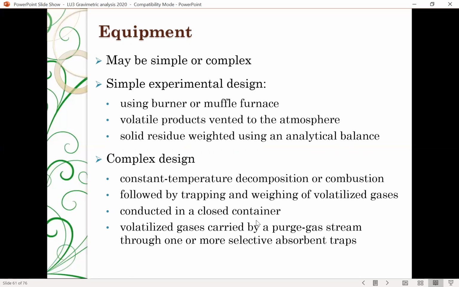Normally it is conducted in a closed container, and the volatilized gases are carried by a purge gas stream. In the previous example, the carrier gas was nitrogen. The volatilized gases are carried by the purge gas stream through one or more selective adsorbent traps. So these are examples of a complex design for volatilization gravimetry.